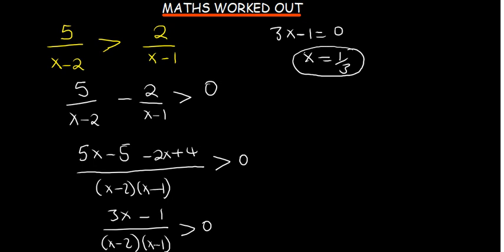And then equate the two denominators to 0. So x minus 2, x minus 1 is equal to 0. What are we going to get? x is equal to 2, x is equal to 1.